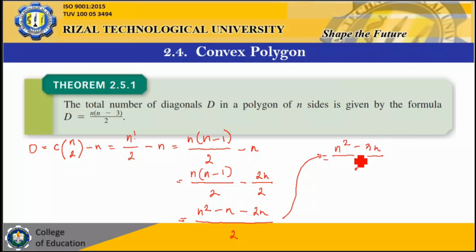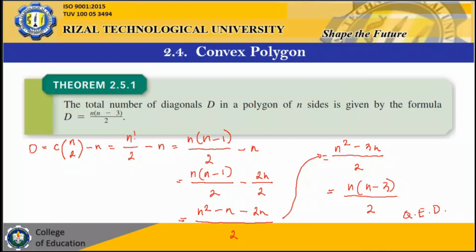Notice that there is a common factor, which is n, and that is n times n minus 3 all over 2. And we're able to show that the theorem holds.